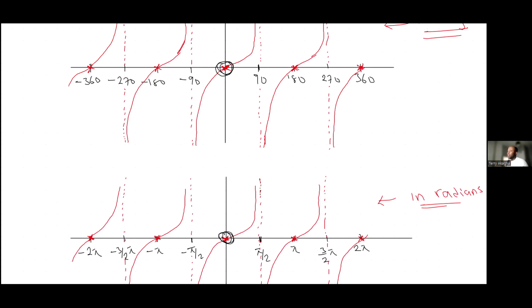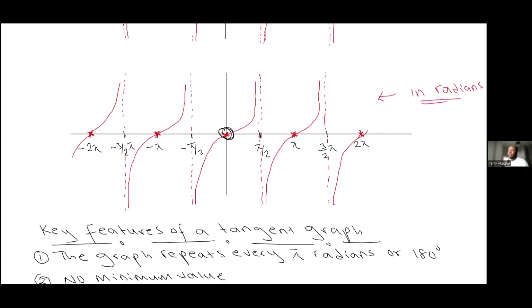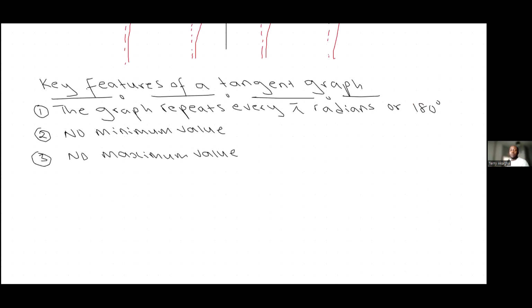So the next thing, the next rule, number 4, was that the graph crosses the x-axis at 0 degrees. So if it's 0 degrees or 0 radian, it does not matter, but it crosses at 0. That making sense?